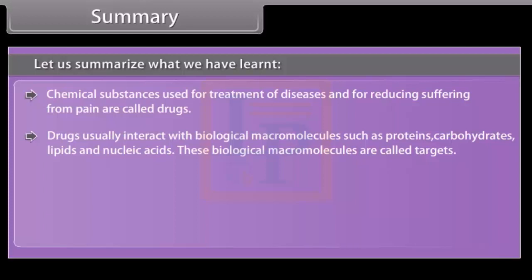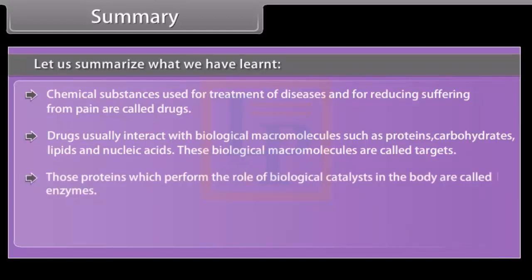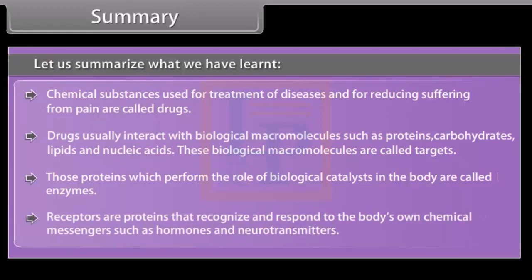These biological macromolecules are called targets. Those proteins which perform the role of biological catalysts in the body are called enzymes. Receptors are proteins that recognize and respond to the body's own chemical messengers such as hormones and neurotransmitters.